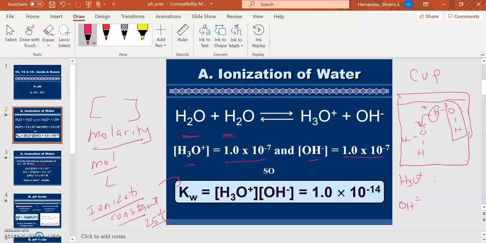So when we're looking at these two ions, again, they are produced through the ionization of the water, and these two ion concentrations multiplied by one another gives me the ionization constant for water at 25 degrees Celsius. So I can use this equation here to determine the concentration of either the hydronium ion or the hydroxide ion.